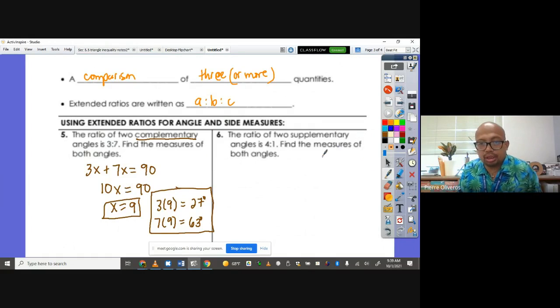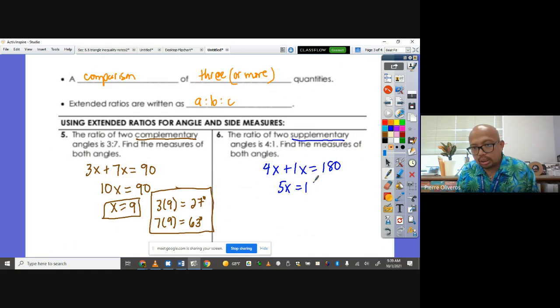Okay, let's do number 6. The ratio of two supplementary angles is 4 is to 1. Find the measure of both angles. Same thing. What's the meaning of supplementary? It's the measurement of two angles that, when added, equal 180. So this will be 4x plus 1x is equal to 180. 4x plus 1x is 5x equals 180.